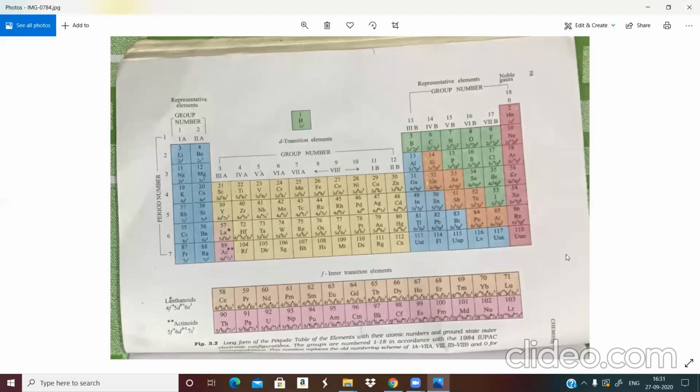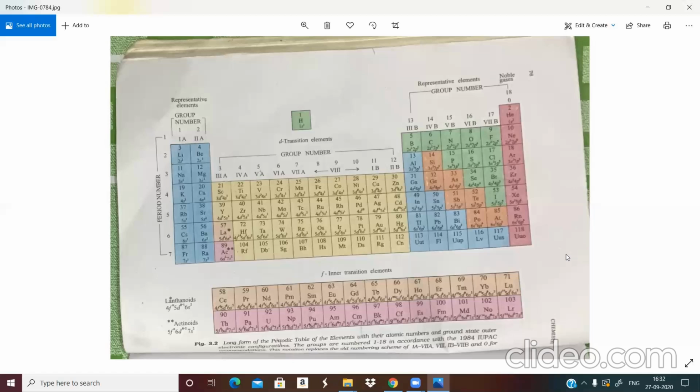The fourth period, n is equal to 4, starts at potassium, and the added electron fill up the 4s orbital. We can note that before the 4p orbital is filled, filling up of the 3d orbital becomes energetically favorable, and we come across the so-called 3d transition series of elements.